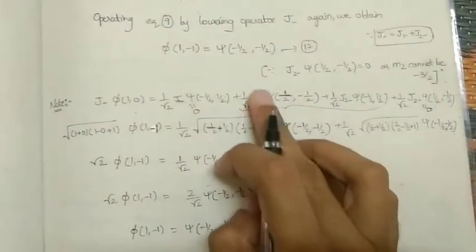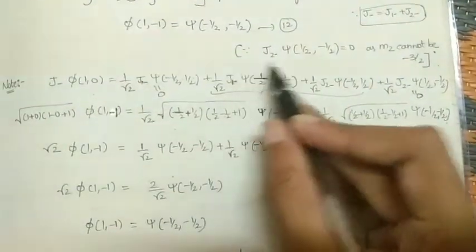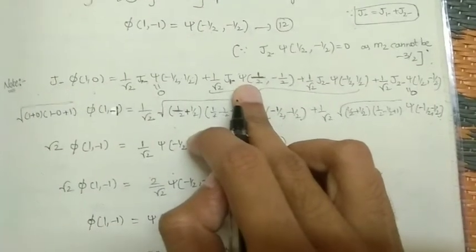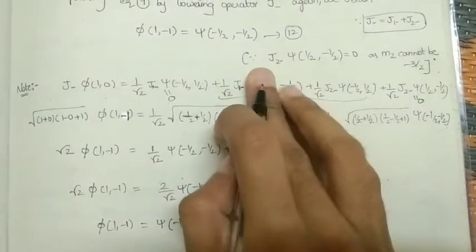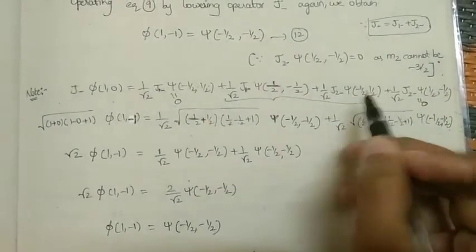So now if we consider these two terms here, so j1 minus operating on this, so here j1 is always half, it would be given in the question. So this is only m1 comma m2, this is m1, this is m2, this is m1 and this is m2.